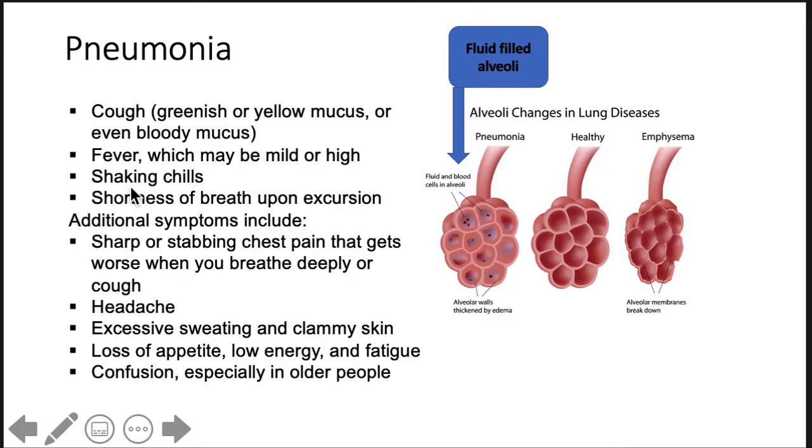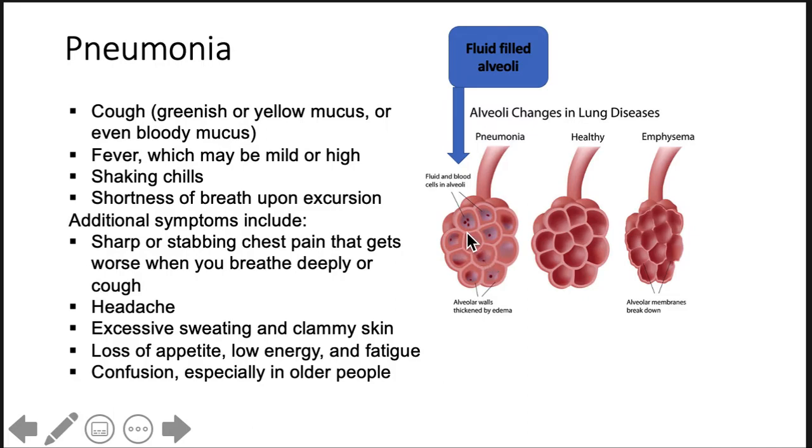You may have shaking chills with that fever, and as the fever goes from high to low or breaks, you could have excessive sweating and clammy skin. You can have a headache as well, and sharp stabbing pain in the chest that becomes worse when you try to breathe deeply.